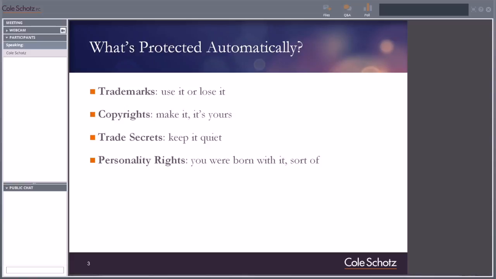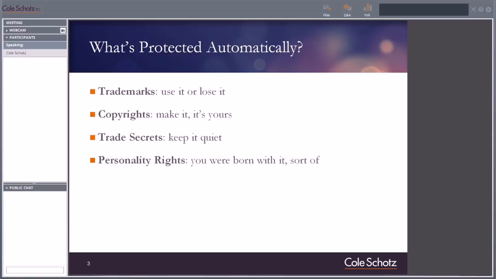We can break down our discussion today into three parts. What's protected in terms of IP automatically? That is, as soon as it's created, it acquires some type of intellectual property protection. Other IP is protected by the government, in some cases solely through a registration or other action taken with government assistance.